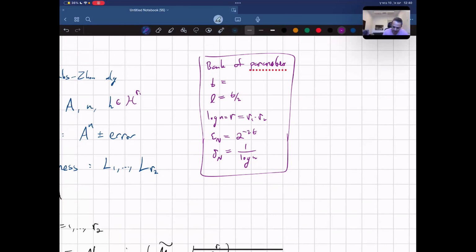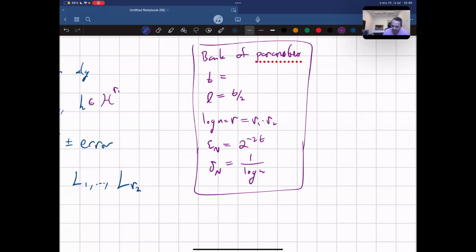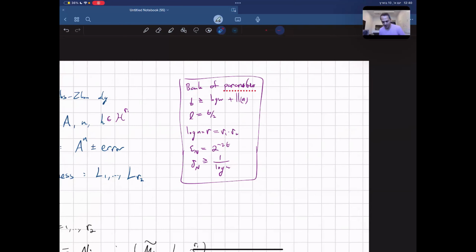So L, and therefore T, needs to be at least, ignoring the constants, log W plus log n. In a second, you will see that for another reason this would be replaced by a log n, so that's going to go away in a second, but let's keep it.